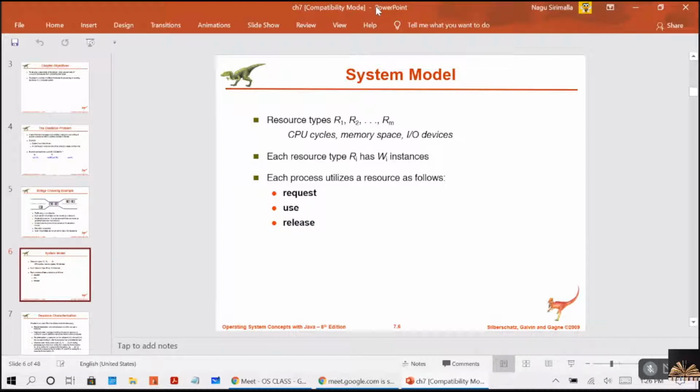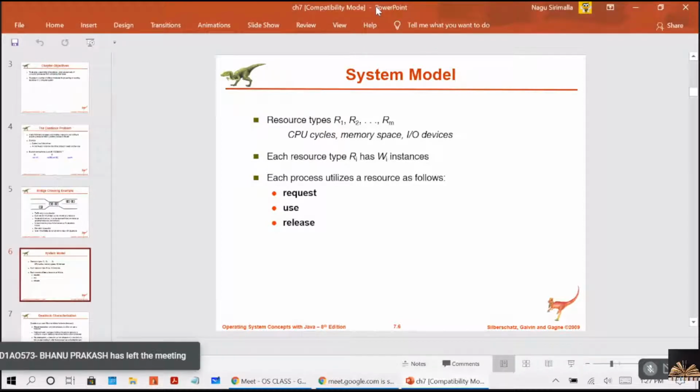If it is memory system calls, allocate and free. If it is files, open and close. So these are the system calls used for the different resource types for requesting and releasing.